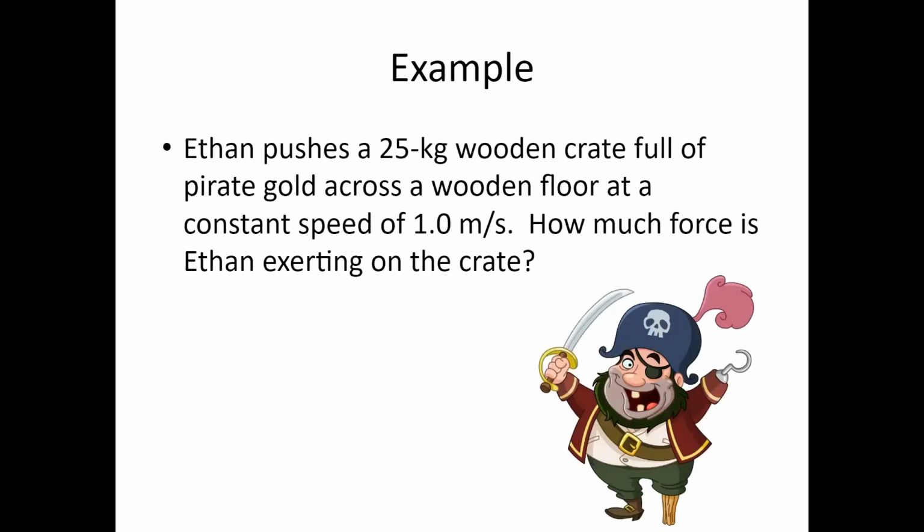Here's our example. Now I don't have a board today to go through, but that's okay. Ethan pushes a 25 kilogram wooden crate full of pirate gold across a wooden floor at a constant speed of 1.0 meters per second. How much force is Ethan exerting on the crate? To do this, he's not accelerating the crate at all, so the force that he's exerting is exactly the force needed to overcome friction.